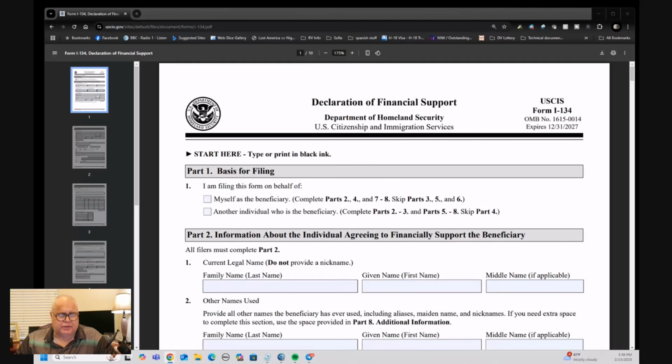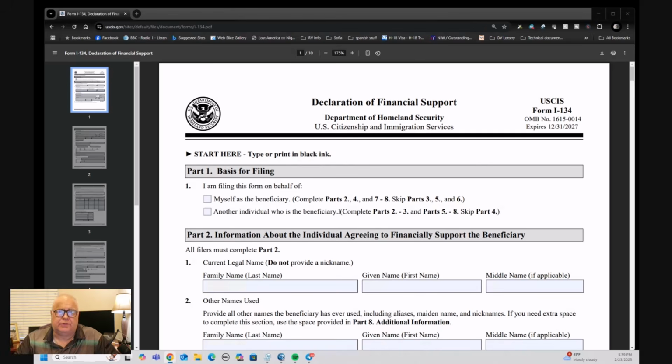Okay, so let's go through the form. First of all, who fills out this form? Well, the first question here is, I am filing this form on behalf of myself as a beneficiary or another individual who is the beneficiary.